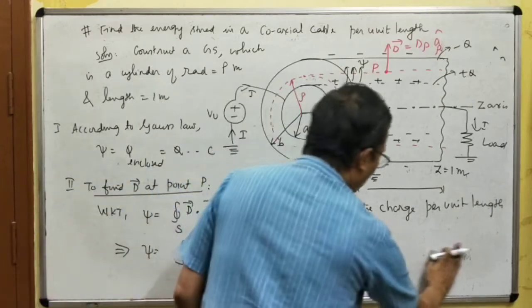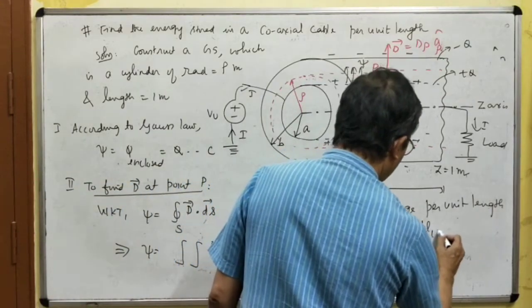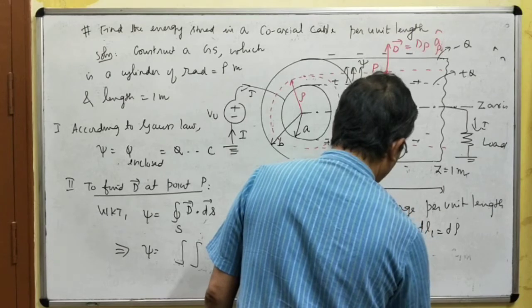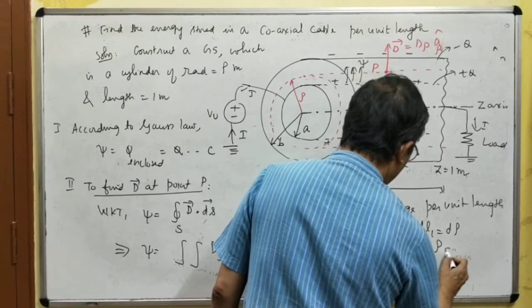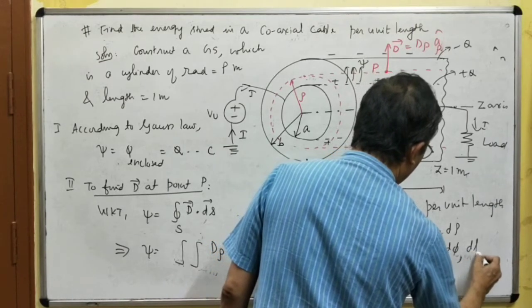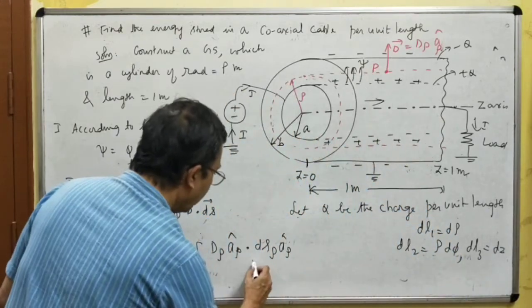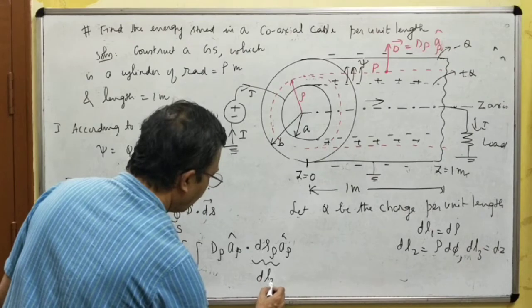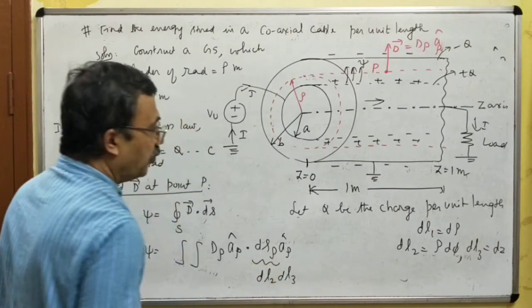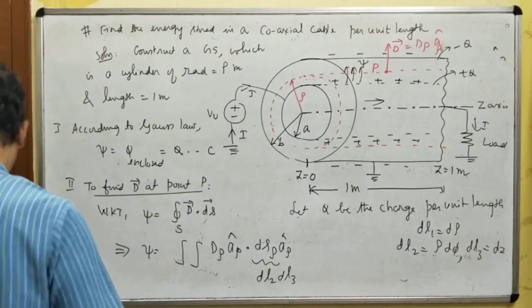For a cylindrical coordinate system, what is dl1? D rho. What is dl2? Rho into d phi. What is dl3? Dz. Therefore, what is ds rho? Ds rho is dl2 into dl3, which is rho d phi dz.